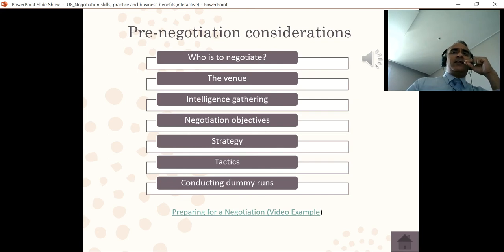These three together: negotiation objective, strategy, and tactics. What I want to achieve, how am I going to achieve it, and if I cannot achieve it in a certain way, how can I push in different ways, right? That leads us to conducting dummy runs, which are trials. So let's say scenario A: I'm going to set the deal to get the lowest price possible.